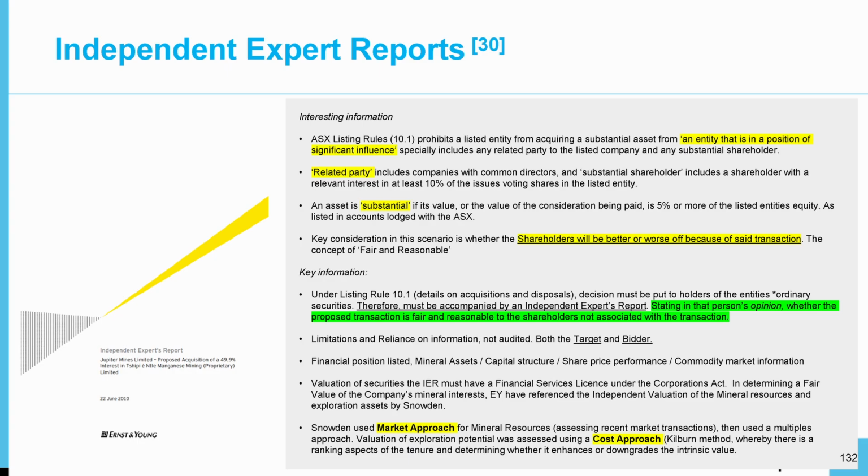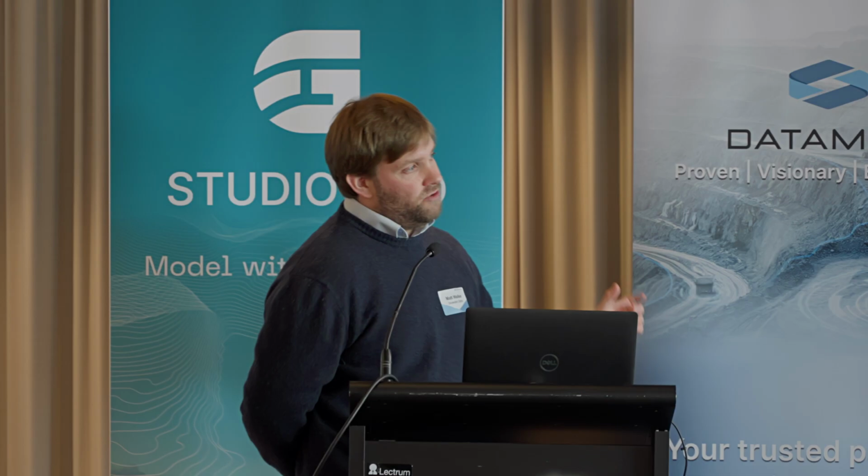The key information is the battery limits of where these independent experts are working. They'll be relying on other specialists to undertake the actual mineral asset valuation, and then that'll get built into their structure of the securities evaluation of that company.